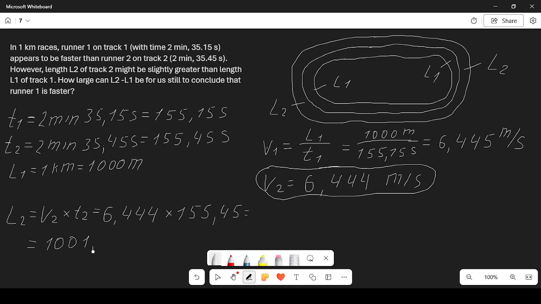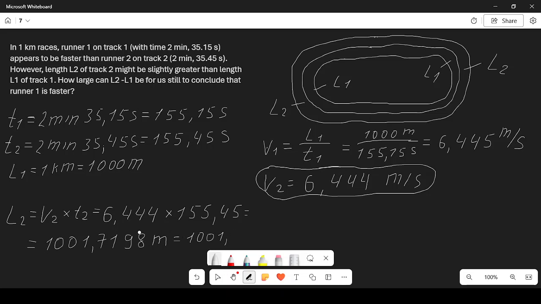1001.7198 meters. We agreed that we count all quantities to the third digit after the point, so we present it like this: 1001.